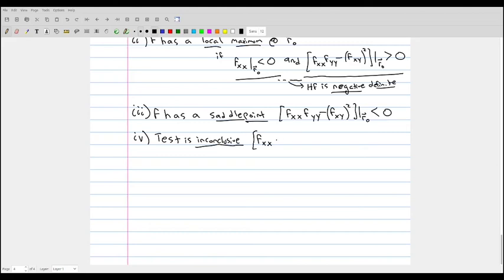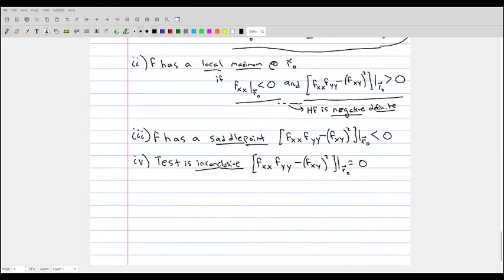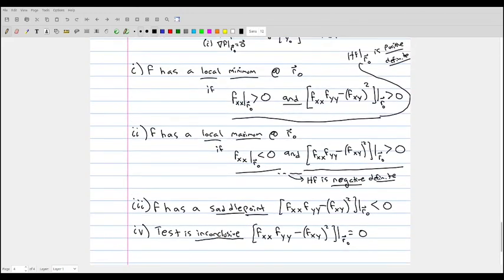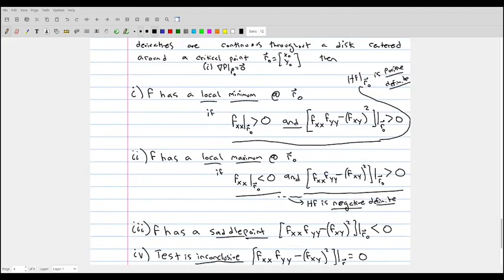So if the second derivative with respect to x times the second derivative with respect to y minus fxy squared at the point r0 is equal to 0, then we don't actually learn anything from the test. We have to go to some other higher order test to determine the behavior of the function at the critical point. But so these are the four main results from the second derivative test for functions of two variables.